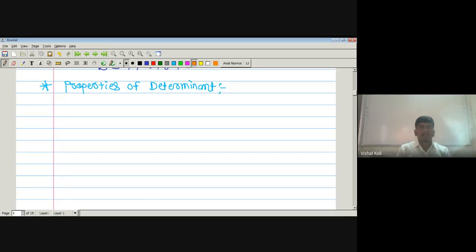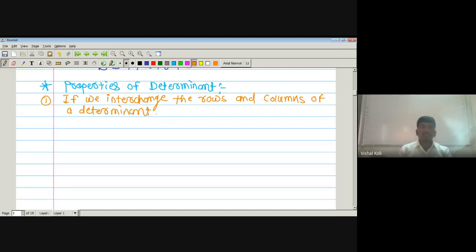First one: if we interchange the rows and columns of a determinant, then the value of the determinant remains unchanged.